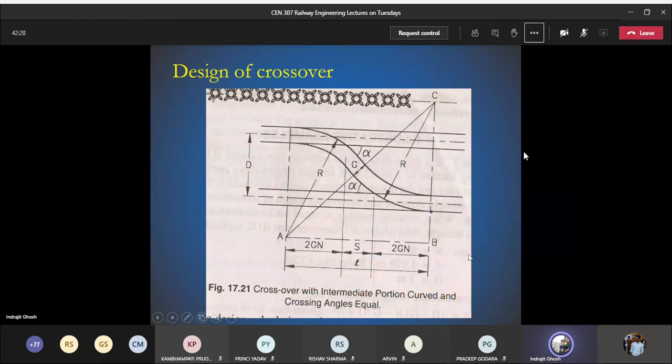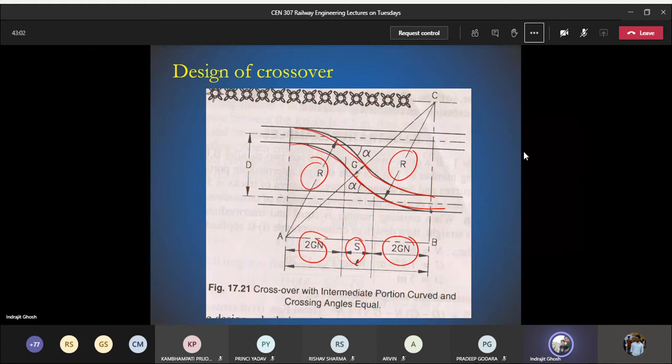Now, see in this particular diagram, it is same. Here you can see the curved lead has been represented as 2gn, 2gn, but we are concerned about S. How to calculate S? The difference between the last picture and this picture is that we do not have a straight portion here. Rather, we have two curves which are going to touch each other, and the radius of the two curves are same.